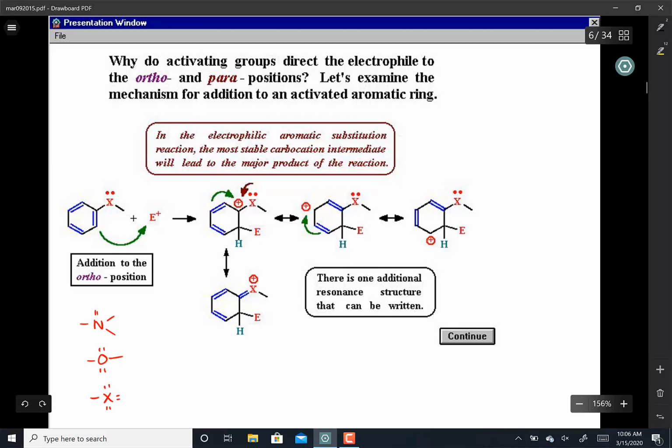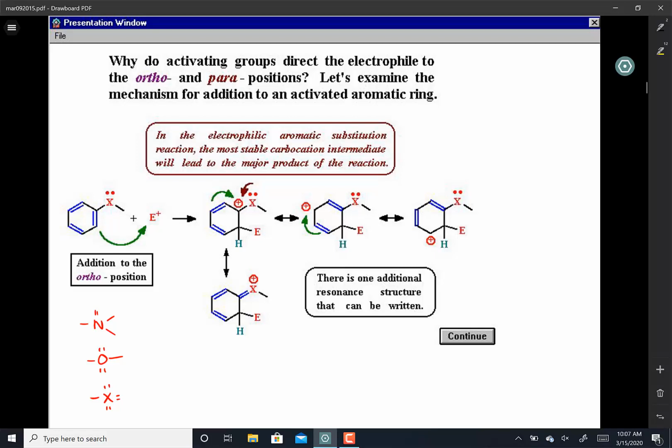So when there's a lone pair of electrons next to the plus charge, in other words, I add the electrophile, in this case to the ortho position, the plus charge ends up next to that group. When it's next to that group, I'm able to form a fourth resonance structure.